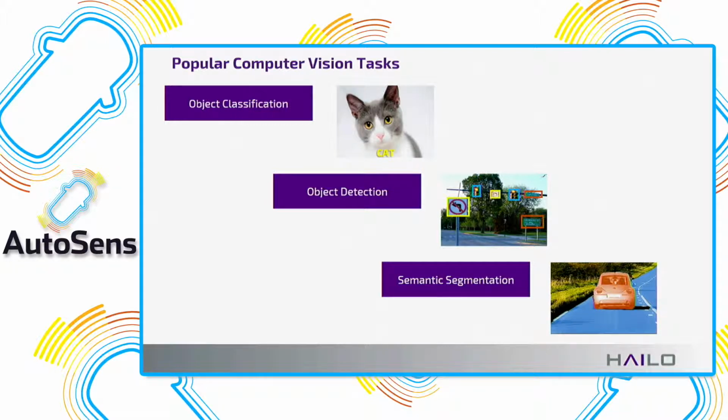Another thing is object detection, which means that you have multiple objects in an image and you want to locate them and classify them. And a variant of that is semantic segmentation, in which each pixel in the picture is given a label, like a car, pedestrian, a lane, and so on. And these are all building blocks which allow you to perform more complex tasks.